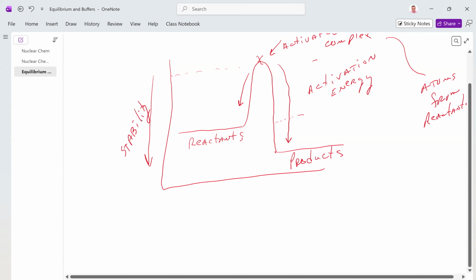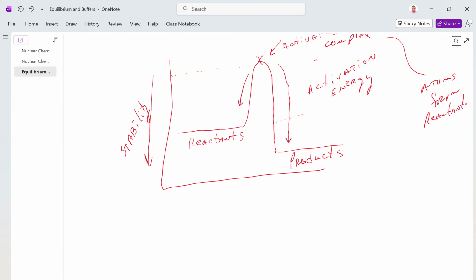Now, if we look at a time, and it varies per reaction. Sometimes it's very short. Sometimes it takes a long time. For example, the reaction of charcoal and diamonds. That takes a long time to happen to reach this point of equilibrium.